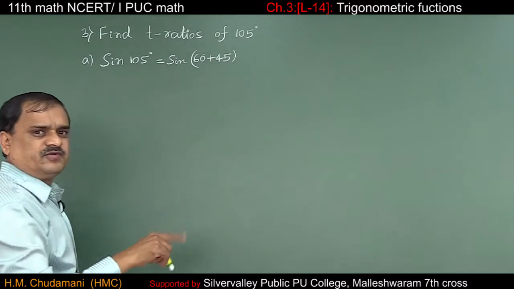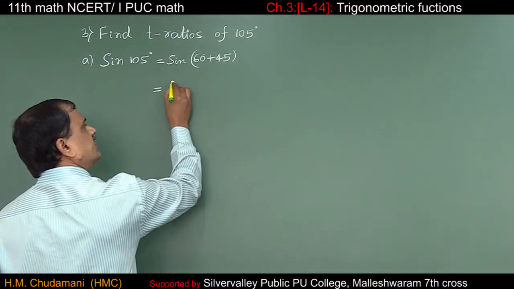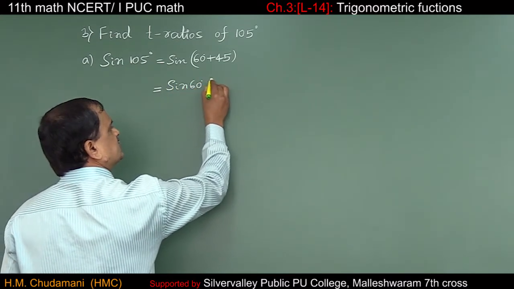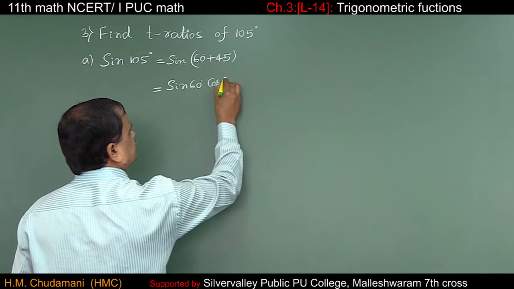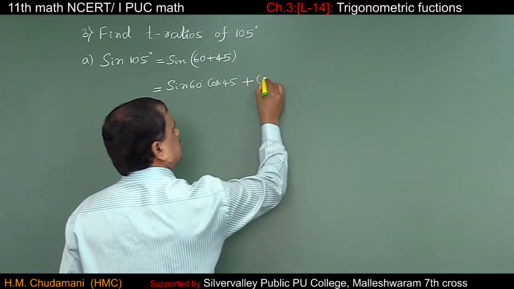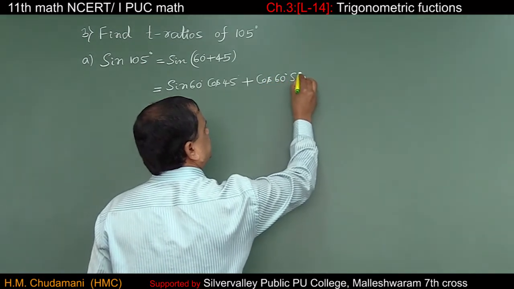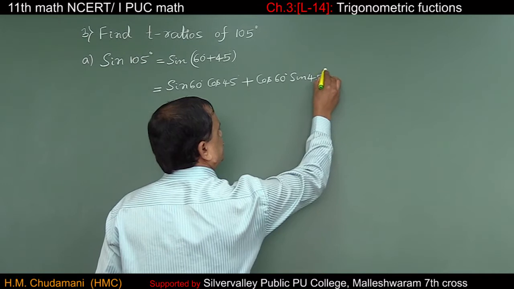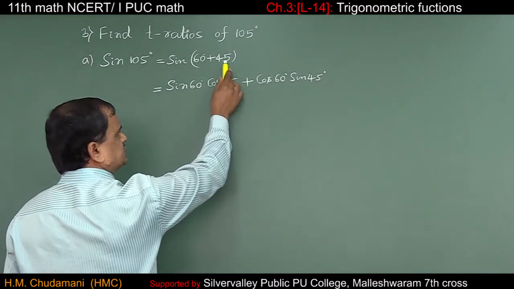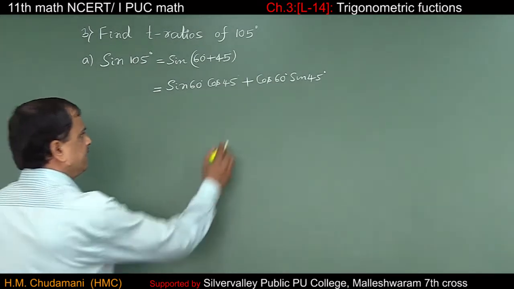This is of the form sin of x plus y. Sin of x plus y means sin x into cos y plus cos x into sin y. That is sin 60 into cos 45 plus cos 60 into sin 45.